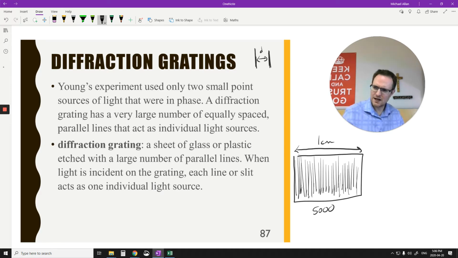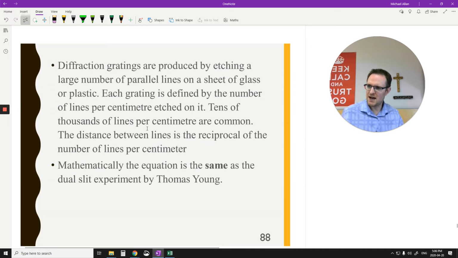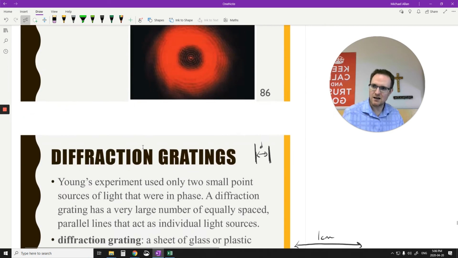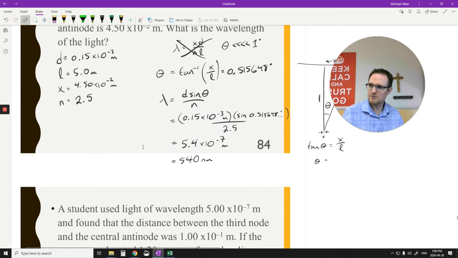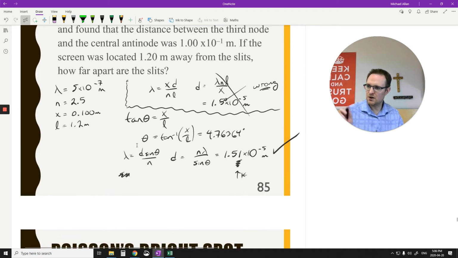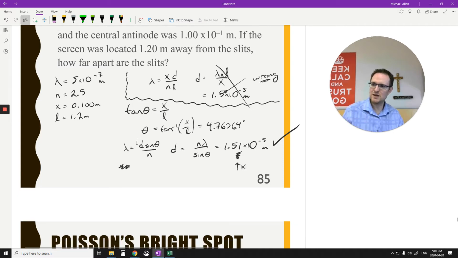How we're going to work in terms of the math here, we use the exact same equations as Thomas Young's dual slit experiment: x equals xd over nl, and lambda is equal to d sine theta over n. But in those formulas, the d is the distance between the slits.